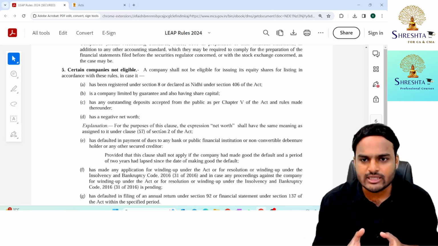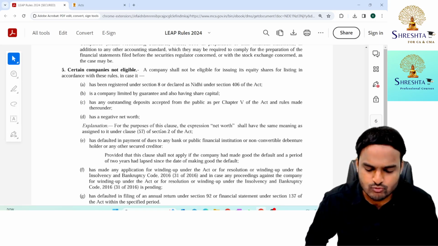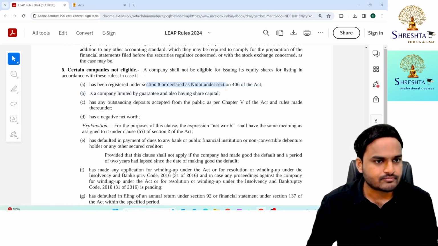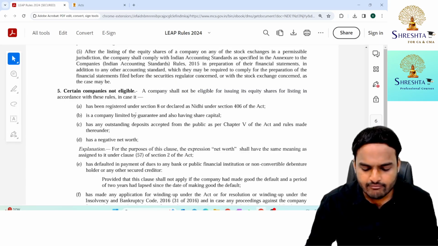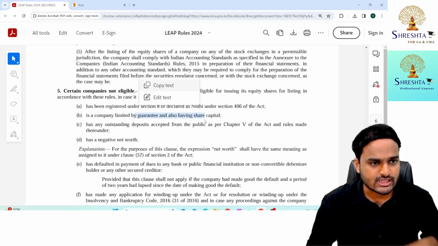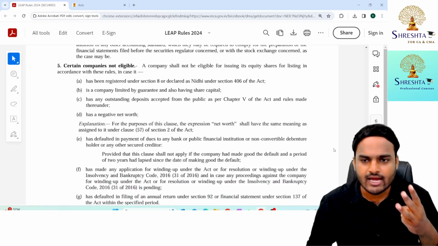So what are those companies which are prohibited from listing their securities in foreign countries? First one, section 8 company. Next one, Nidhi company. The next company is a company limited by guarantee having a share capital. So section 8 company, Nidhi company, company limited by guarantee having share capital.